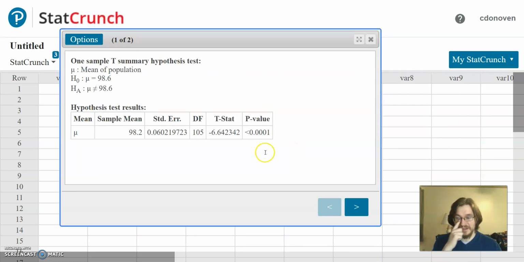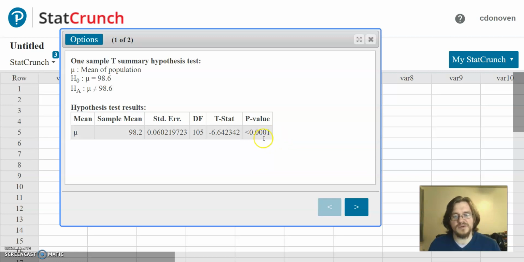we can see all of our values. So again, our sample mean, which we told it was 98.2. We had 105 degrees of freedom. Our test statistic was negative 6.64, rounded to 2 decimal places. And our p-value was really small. It was less than 0.0001.